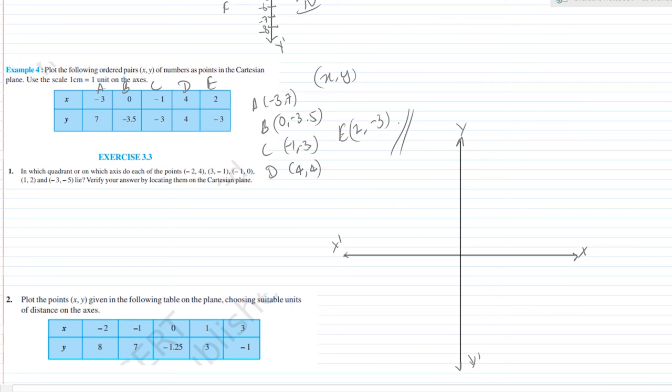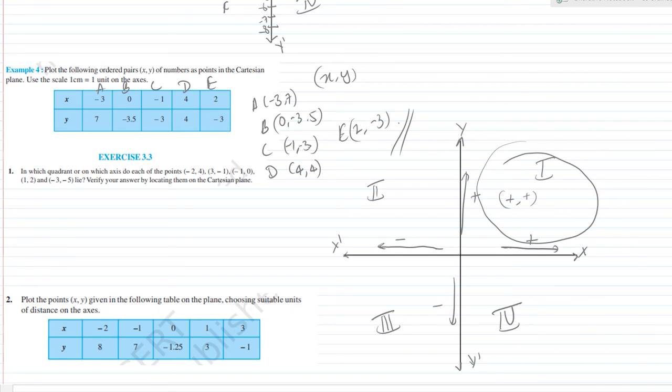So in which quadrant does each of the points lie? Okay, right. Here this is our first quadrant, this is our second quadrant, this is our third quadrant, and this is our fourth quadrant. We all know this line is positive and this line is also positive, but this line is negative and even this line is negative, right? So here positive and positive, so any coordinate on this plane, the first quadrant, is plus comma plus.